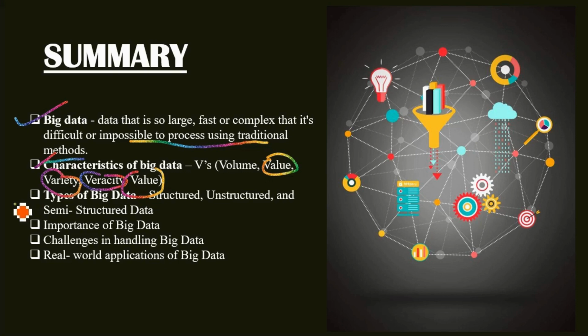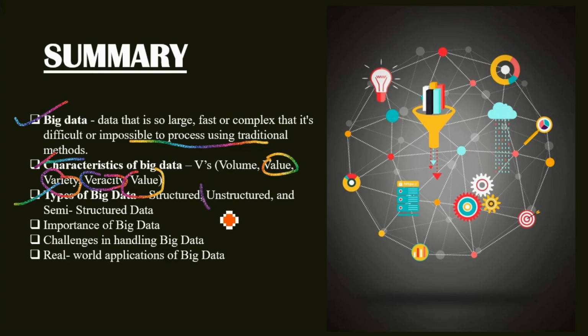Now, next one we have types of big data, in which we have studied structured, unstructured, and semi-structured data. Structured data is the type of data that follows a fixed schema or can be arranged in rows and columns, like Excel sheets or relational tables.